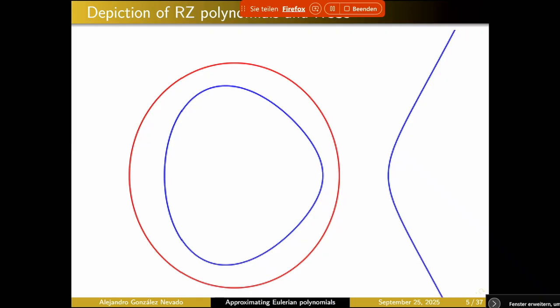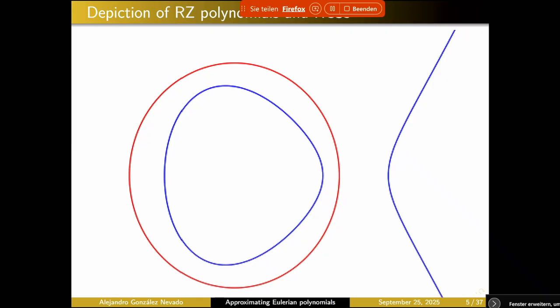This is because there is a root at infinity, or because you can also see that this restriction becomes a degree 2 polynomial there. The red thing is also a real zero polynomial, what we call an interlacer. We will see soon that they are important. But this will be a quadratic real zero polynomial.